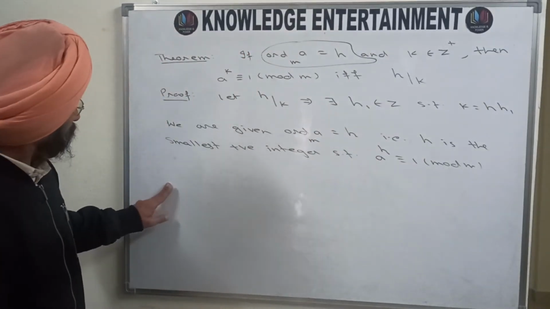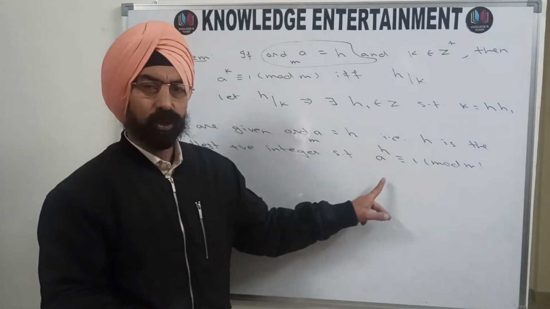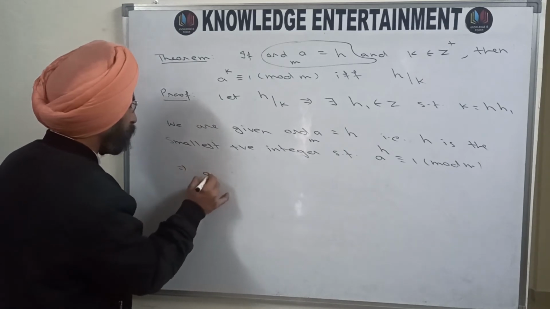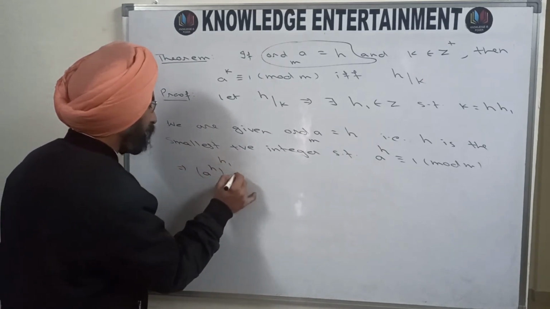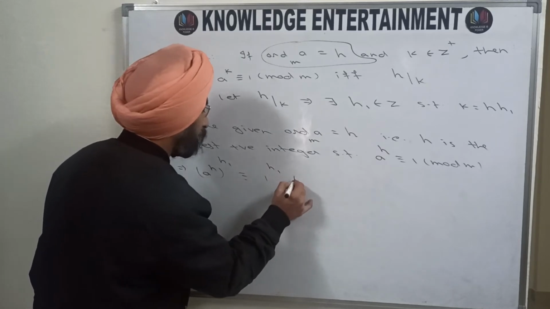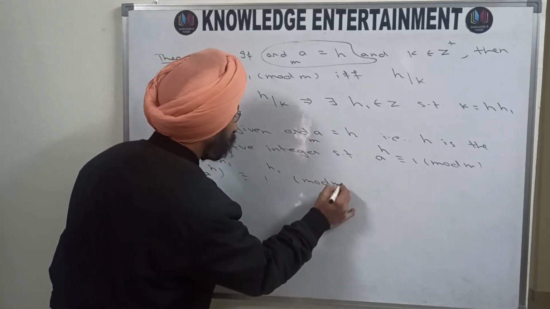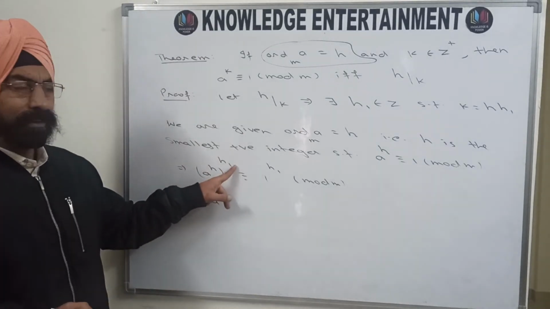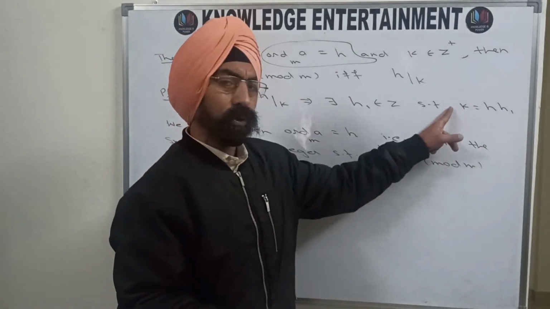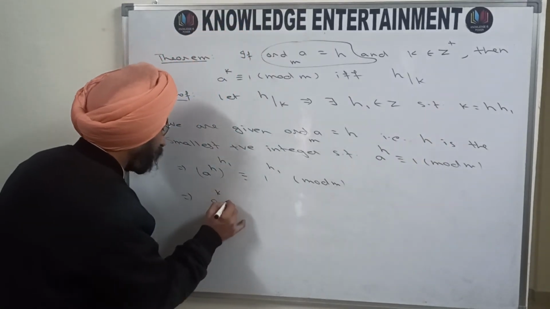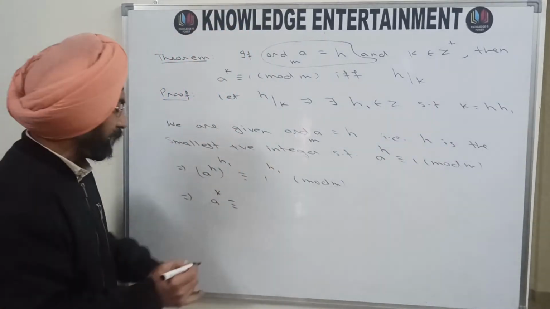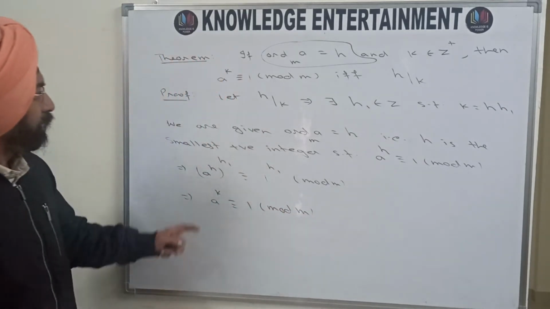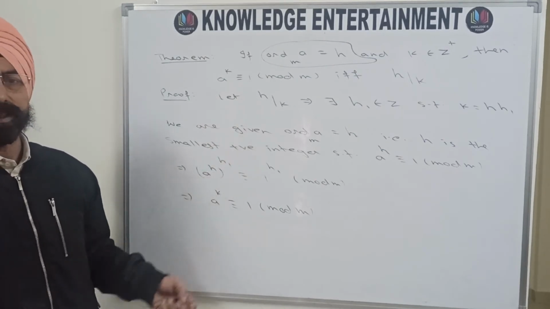Now raise both sides of this congruence to the power h1. So a raised to the power h h1 is congruent to 1 raised to the power h1 modulo m. But h h1 is equal to k, so a raised to the power k is congruent to 1 modulo m, since 1 raised to any power is 1. That means the required result is obtained.